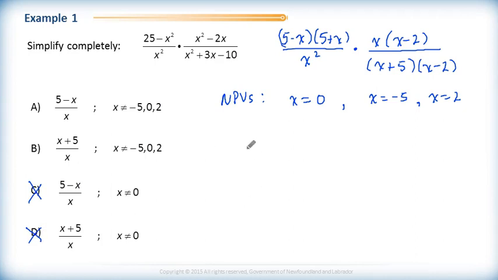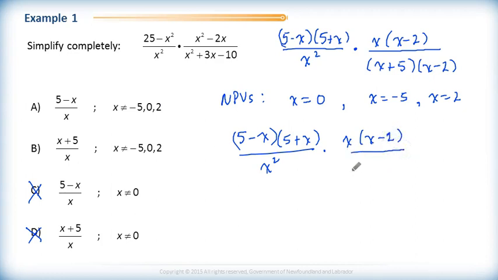Now that we've got that, I'll rewrite my first step right here again. You could go right back up here and do all the work I'm about to do. Just had to make sure that I didn't do any simplification before I found my non-permissible values. So now I can look at my factors. X minus 2 will divide into x minus 2 to give me 1.